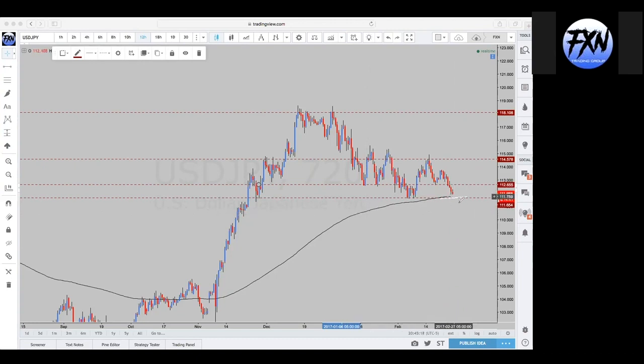So if this is going to break down, it's got two obstacles to get past. It's got to get past the support level that it hasn't broken since November, and then it's got to get past the 200 EMA line as well. So those two things it's got to get past in order to break it, okay?